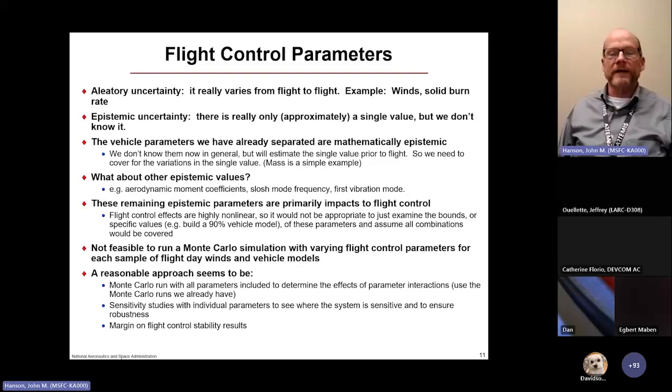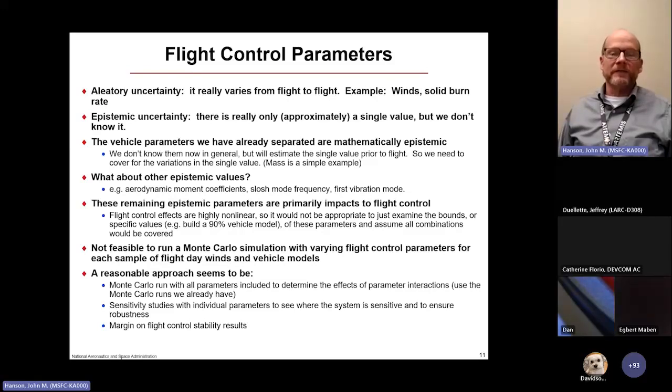So the winds will vary. Even if we measure the wind, the variation from the measured wind will vary. Solid burn rate will have an estimate, but it actually will vary from flight to flight, and the uncertainty will vary. And then there's epistemic uncertainty, the other kind, which is that there really is only one approximately single value, but we don't know what it is.